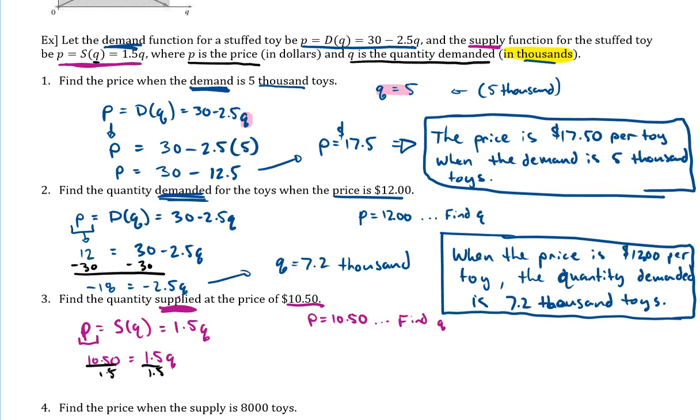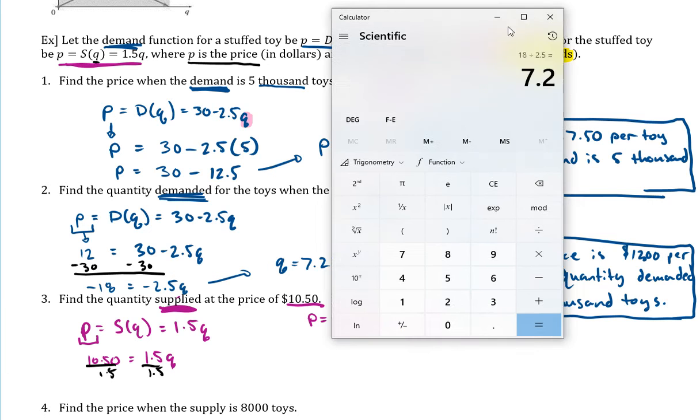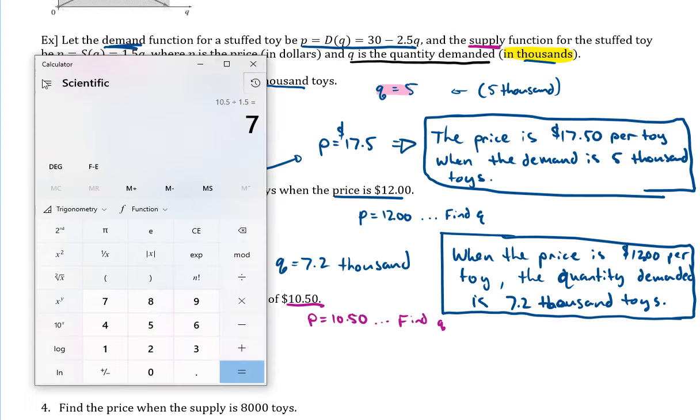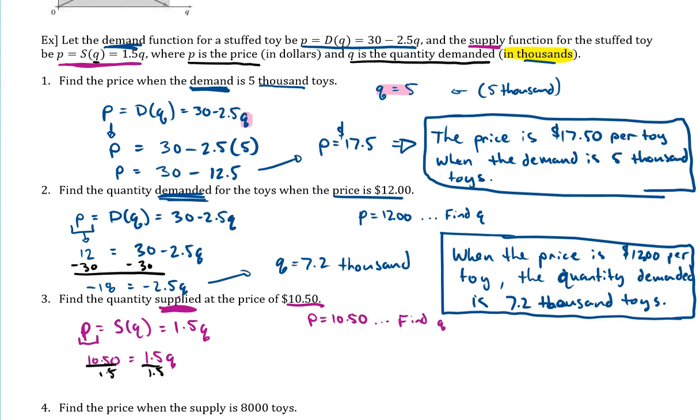And we would get, again, I'm going to use my calculator just to be safe, 1050 divided by 1.5 is 7. So we've got 7 equals Q. And again, that's in thousands. Let's just put it in words to the side here.